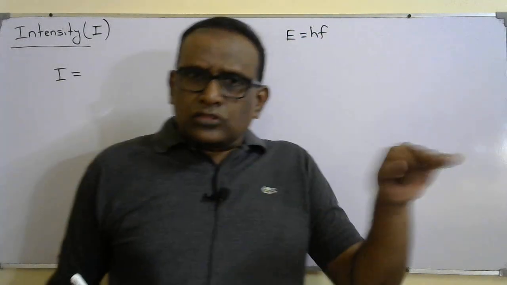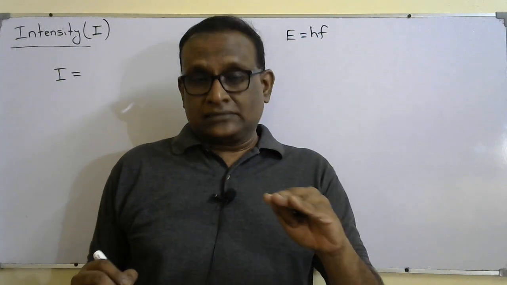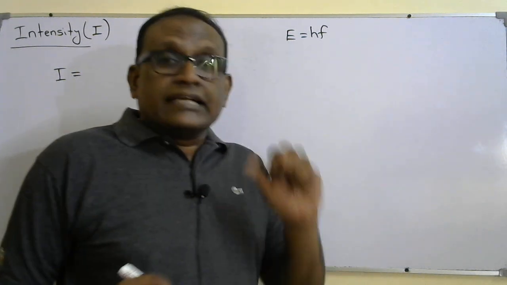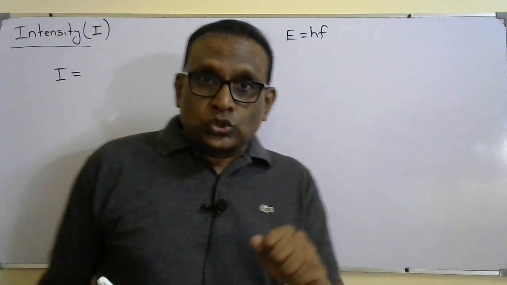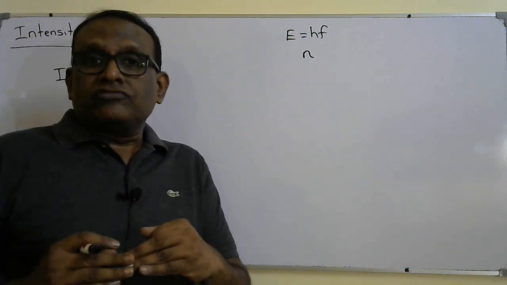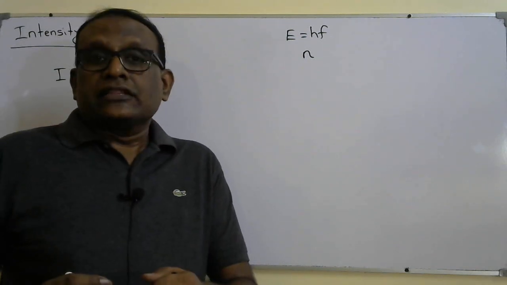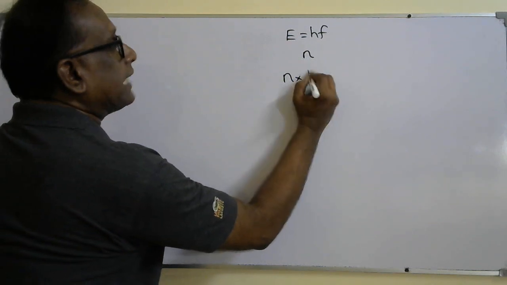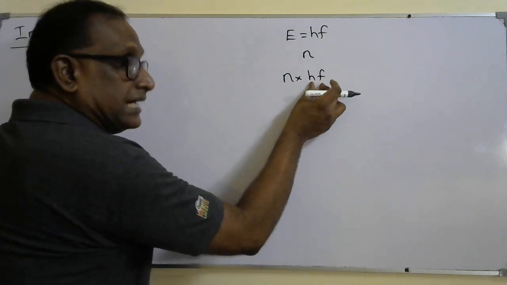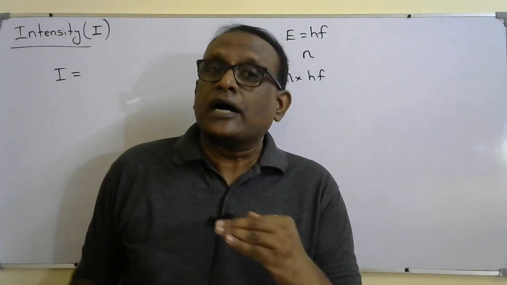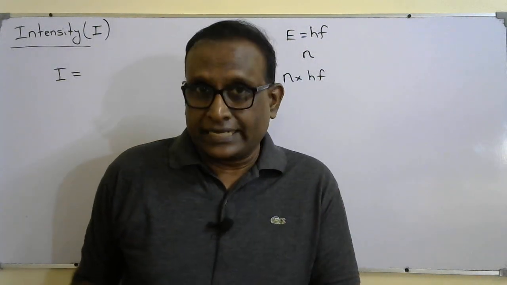So through unit area per second, the number of photons passing through, if I take n, then the total amount of power passing through unit area per second is given by n times HF. HF is the energy of a photon, where n is the number of photons passing through unit area per second.